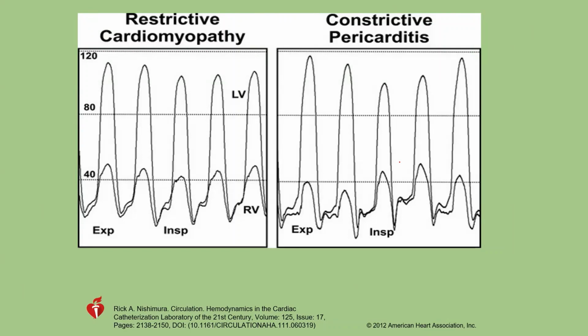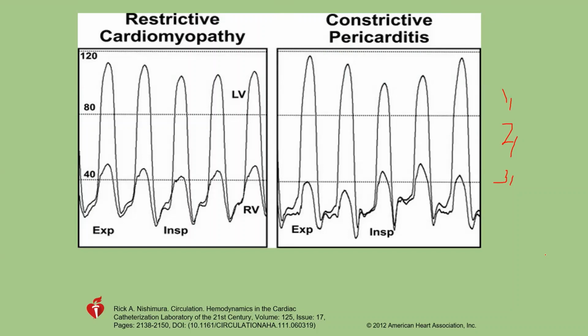But what are we expecting to find in invasive hemodynamics in constrictive pericarditis? Three things. Number 1 is what? The enhanced interventricular interdependence. And that is seen as what?